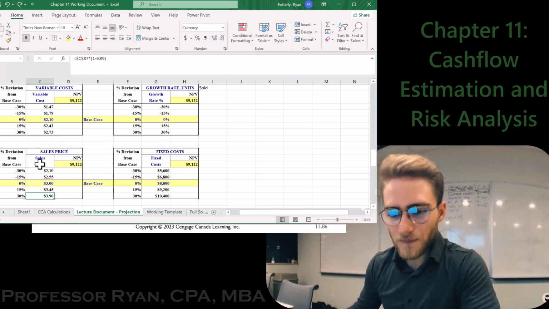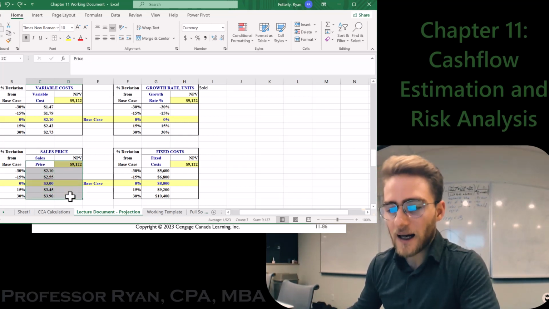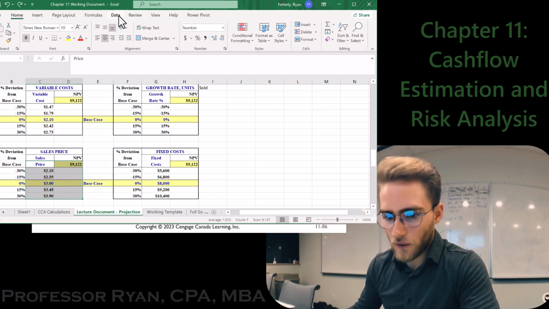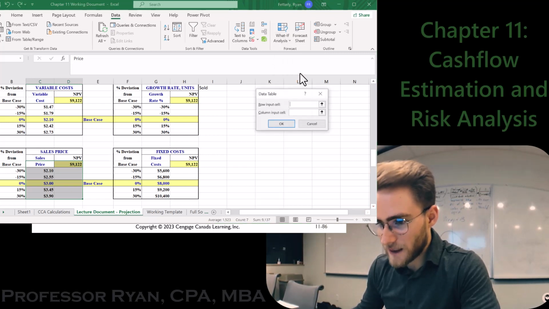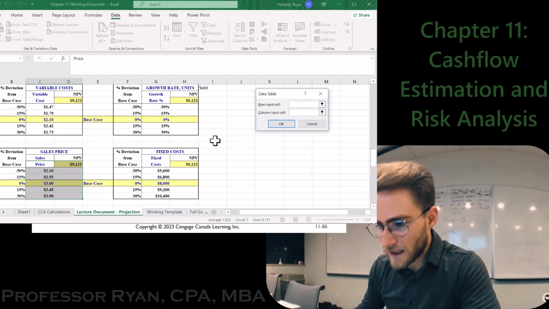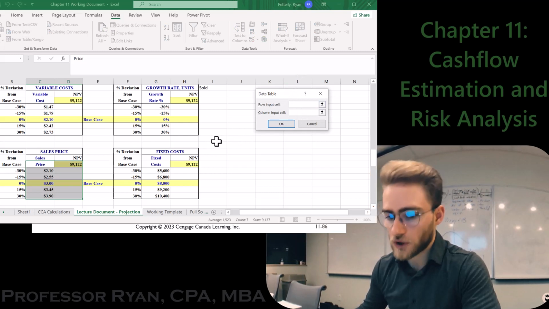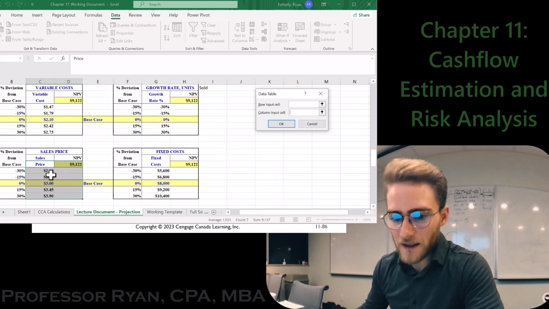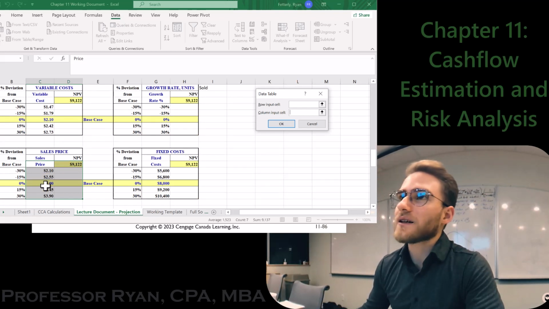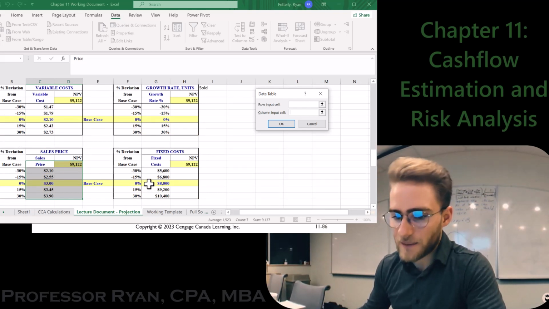So you just highlight these, go over to data, go to what-if analysis, go to data table, and then in the column, because we're doing a column approach here, we say, okay, this is my NPV, right? I need you to change the sales price and then calculate what the NPV will be.